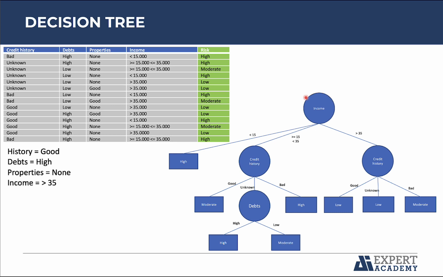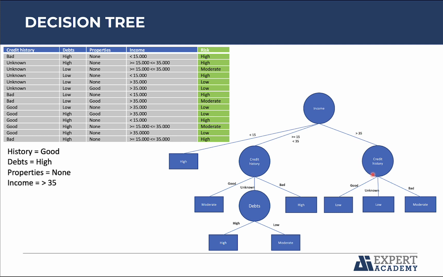See that the first attribute is the income, and the value is greater than 35. So we go to the right part of the tree, because to the left is when income is less than 15, to the center between 15 and 35, and to the right greater than 35.